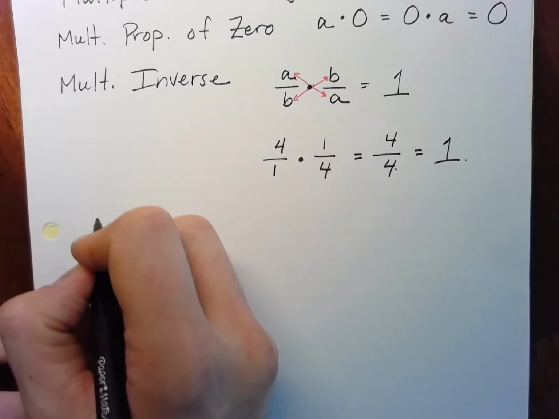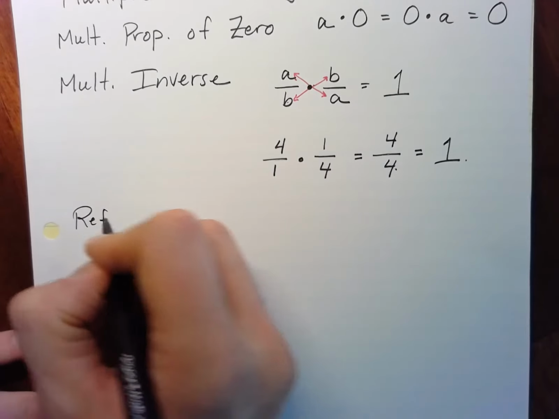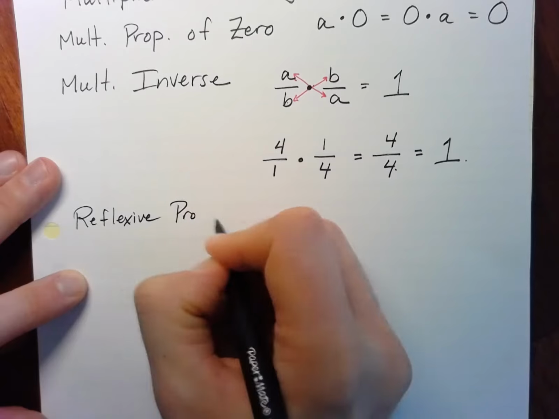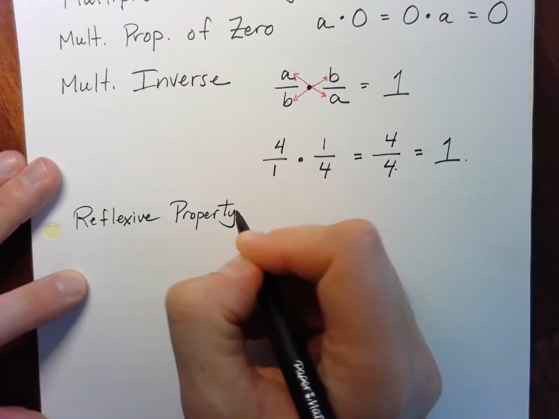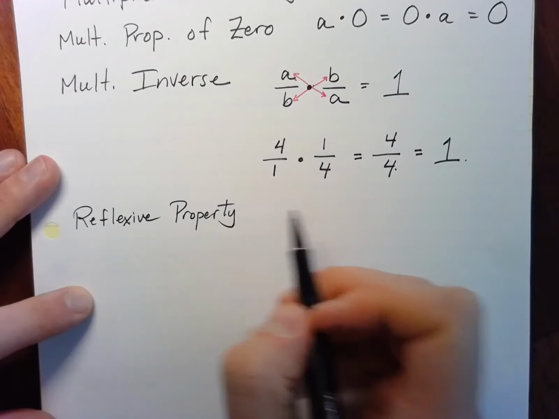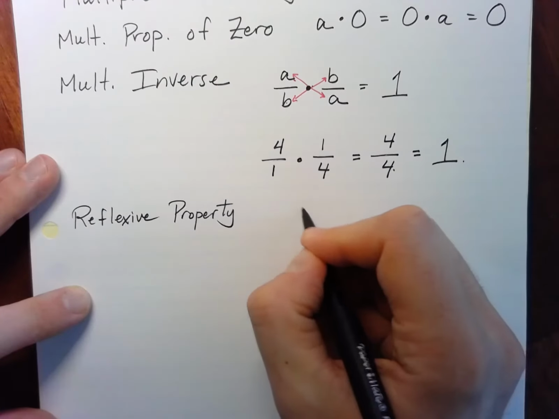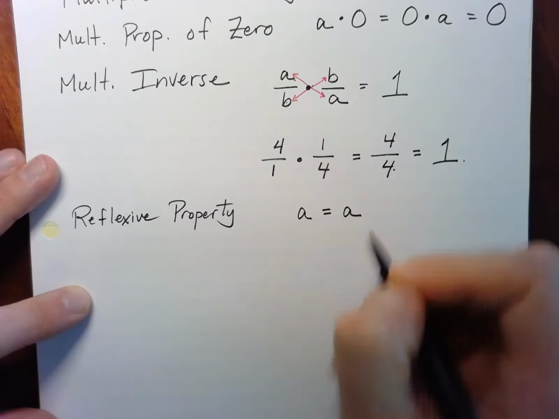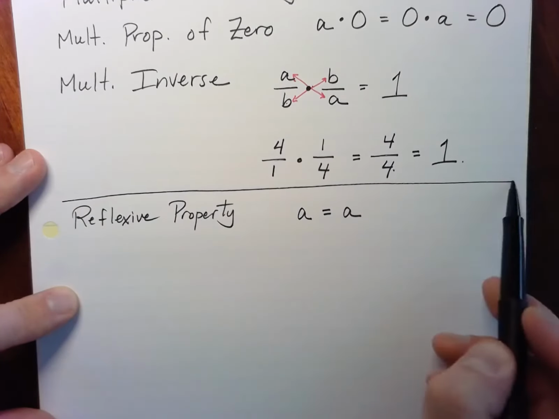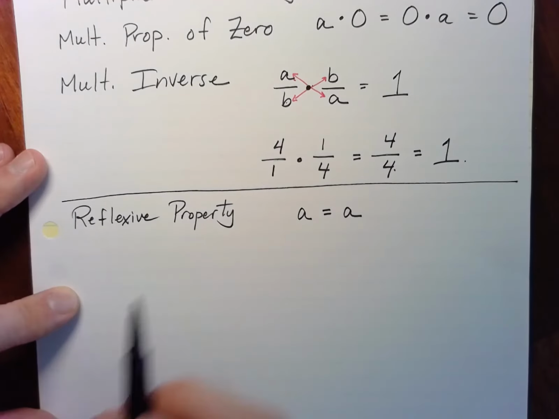Now, let's talk about the reflexive property. Okay? The reflexive property says that any number is equal to itself. That's what it says. And I know that that seems kind of obvious, but it's still called the reflexive property.